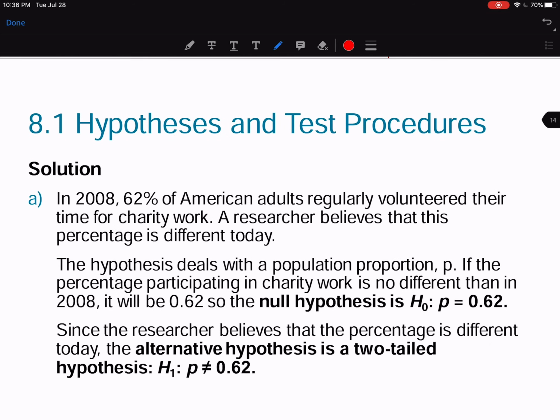Above here. So for part A, the null hypothesis is H sub 0, p is equal to 0.62. So on the homework problems or on the test, you don't have to write down the whole sentence describing what the null hypothesis is. You don't need this part, okay? What you need is H sub 0, p is equal to 0.62, and then the alternate hypothesis would be H sub 1, p is not equal to 0.62, and of course this is a two-tailed test as we mentioned before.